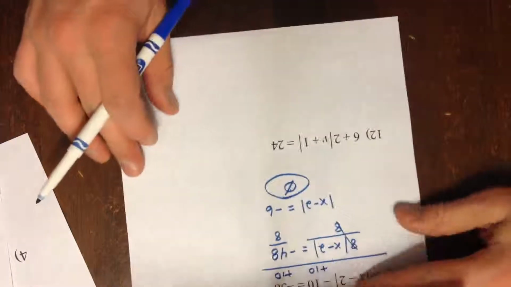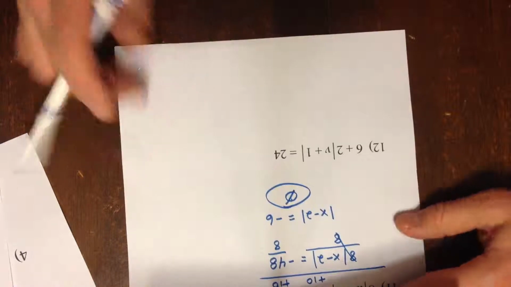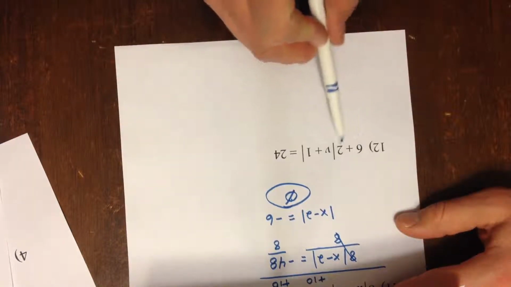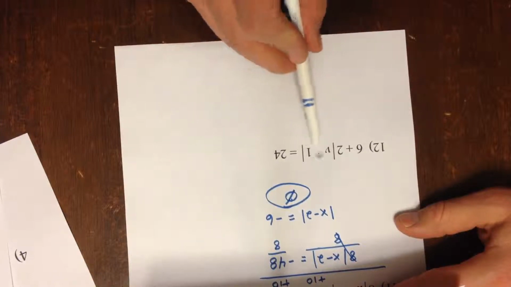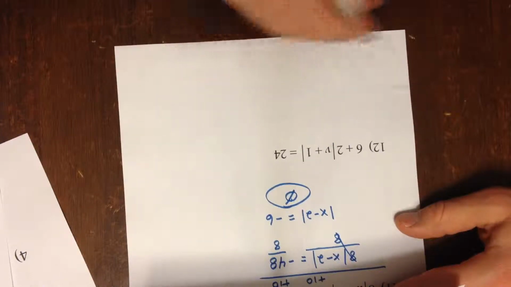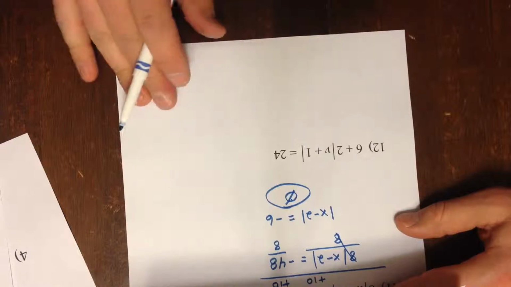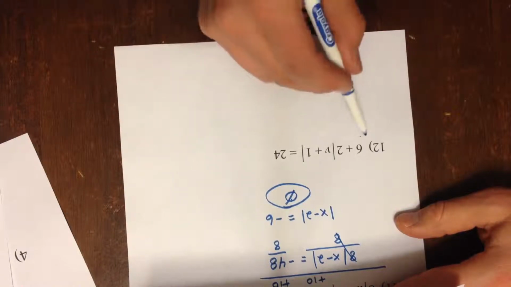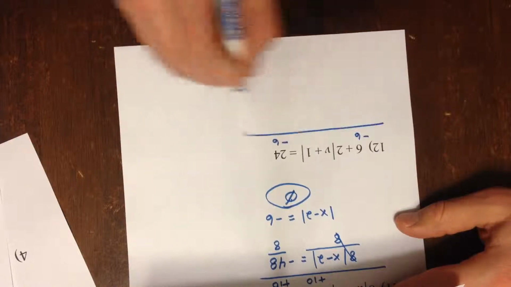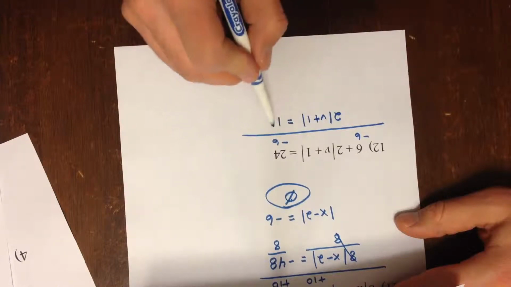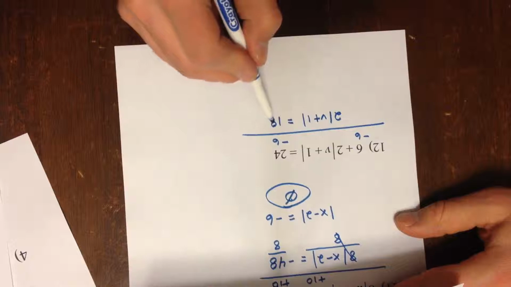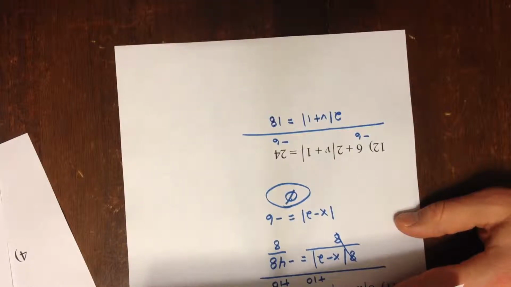Another one. This one here, some students want to say that they can put the 6 and the 2 together. It's kind of tempting, but the 2 is being multiplied to this in here, so you can't do that. So I would subtract 6. Oops.